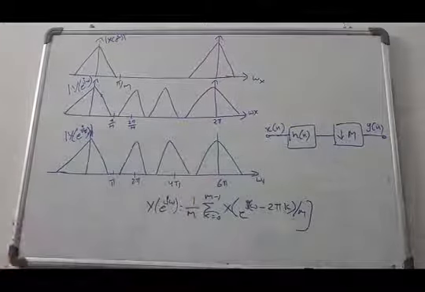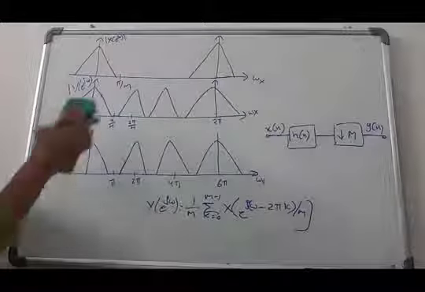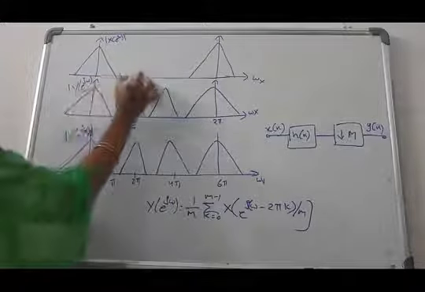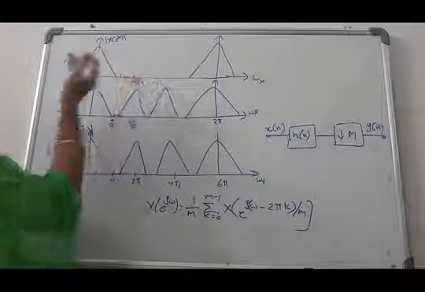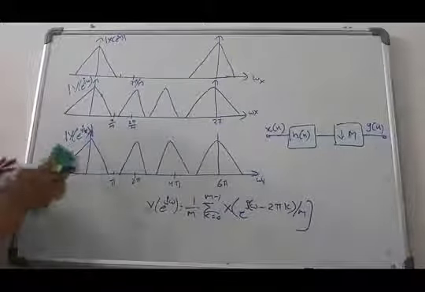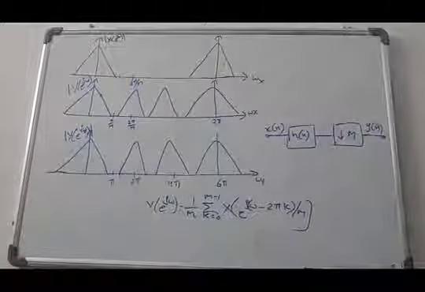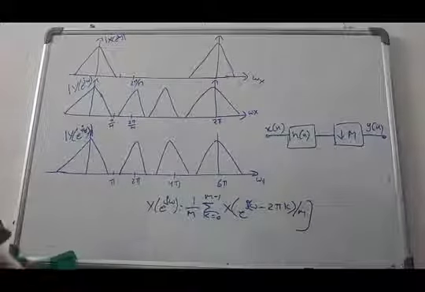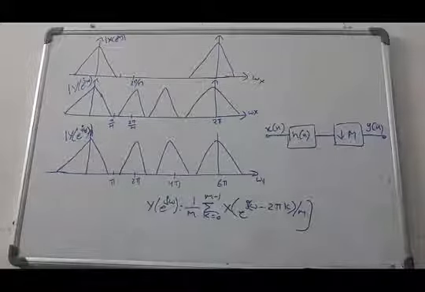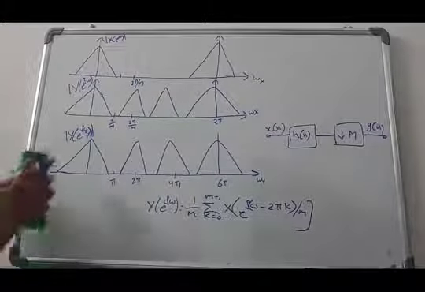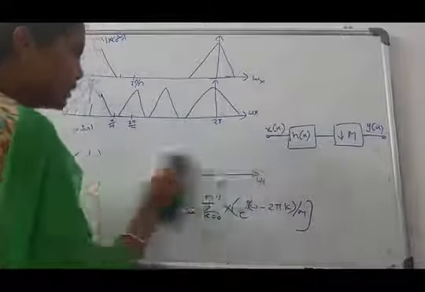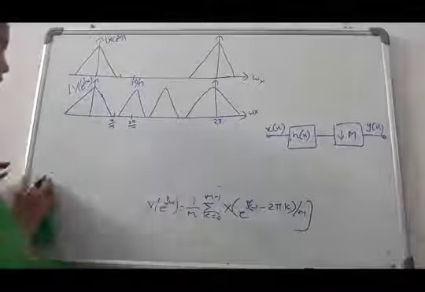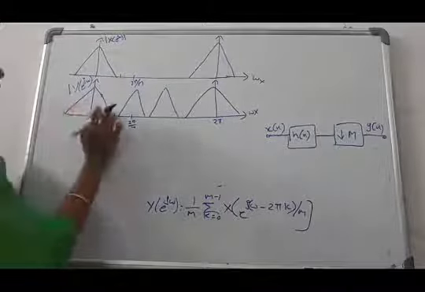If this is not a band limited signal, for example, not pi by m band limited, but 2 pi by m, then there is an effect known as the aliasing effect. Aliasing effect will occur. If the signal is not band limited, there is overlapping.